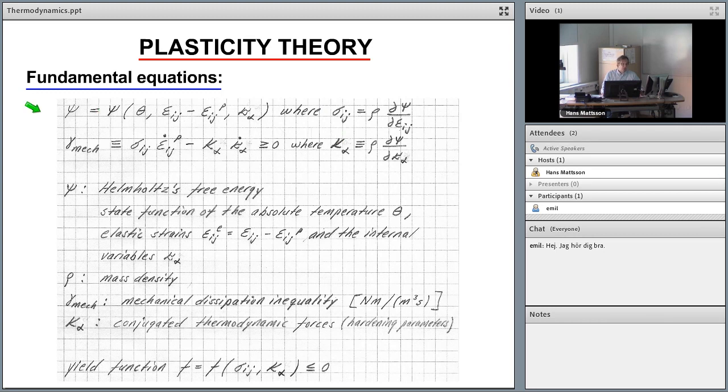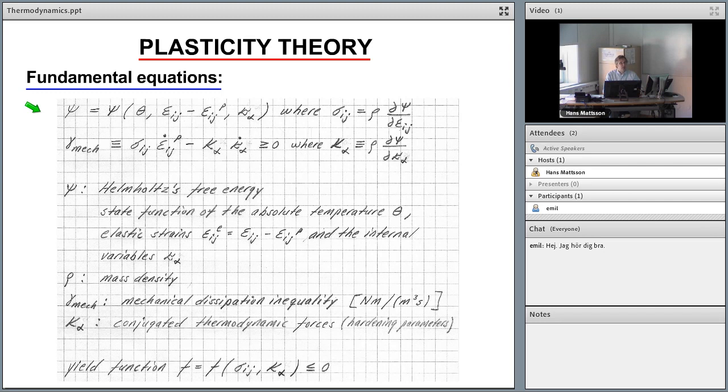And of course, now I don't give the background to how we have got these equations here, but it stands in the book. There are many derivations to come to this Helmholtz free energy function and the mechanical dissipation inequality, but they are based on the first and the second law of thermodynamics.